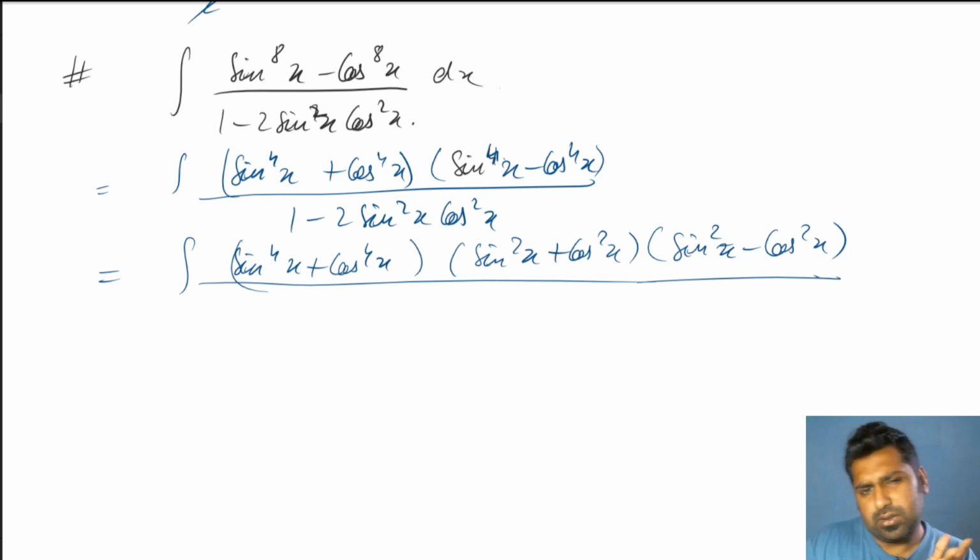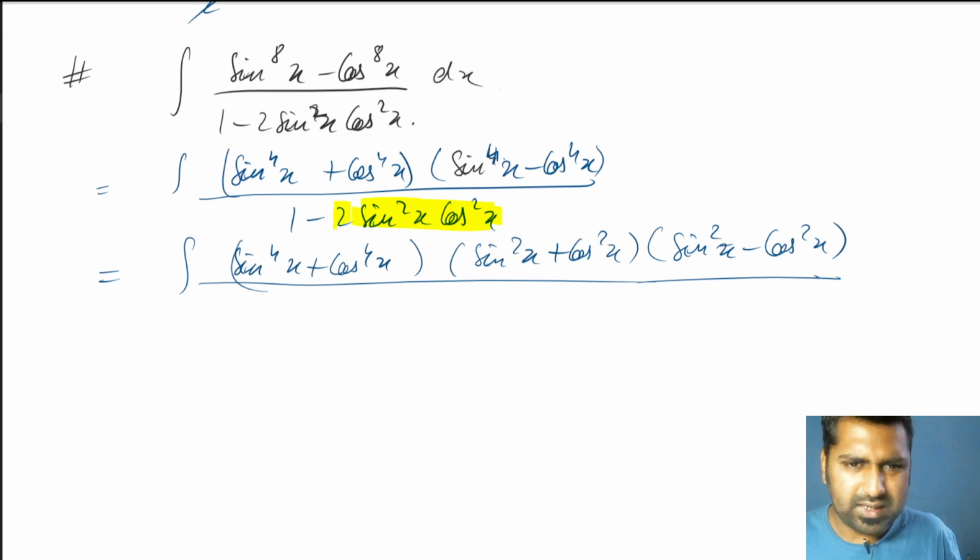Now still, in the denominator, nothing has been done as such. What I can do, after doing some questions from the basics, we know that we can somehow change this 1 to something so that it becomes a whole square. This is 2ab, it's looking like that, no? So if this is 2ab, I want this to be sine square plus cos square, something like that.